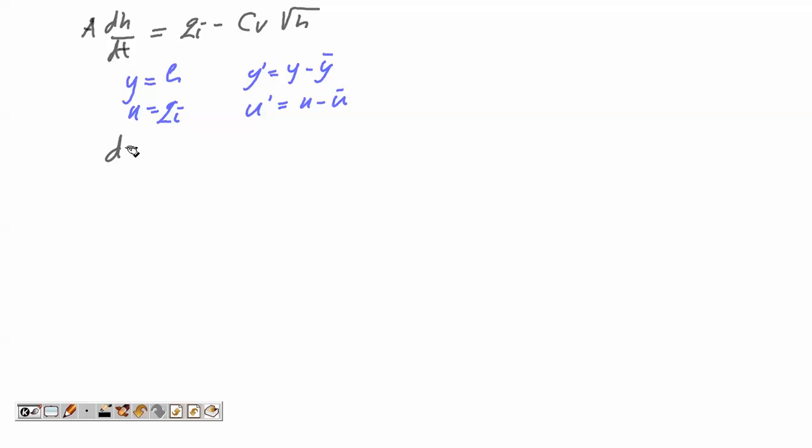So dy/dt, we get qi over A. h is y, so dy/dt is equal to qi over A minus Cv over A square root of h. This is our dy/dt.